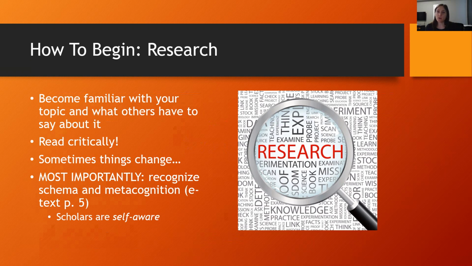And then also, while you're reading critically, sometimes things can change. Okay, so sometimes when you initially choose a topic for your argumentative essay, you can be really pro something. But then you do your research and you discover actually the arguments that are being made pro this something aren't that great.